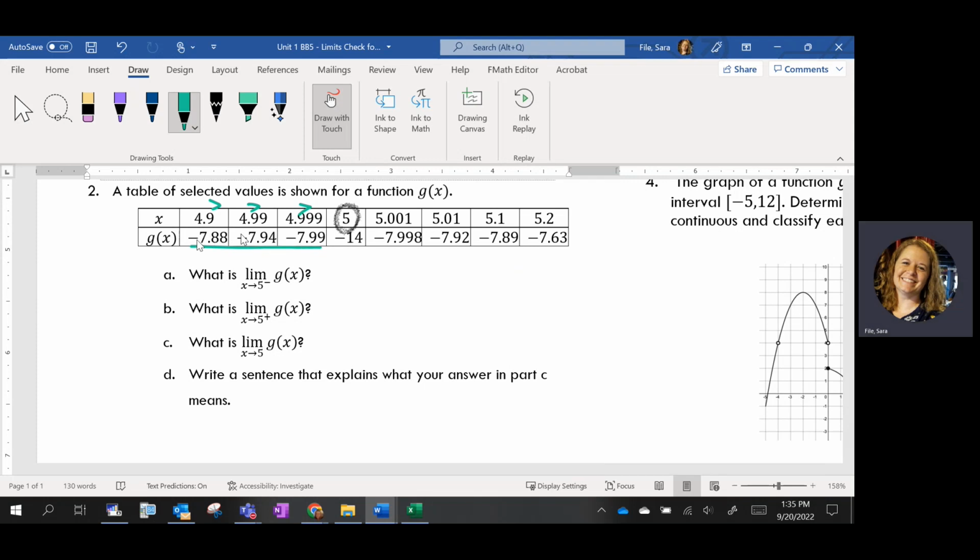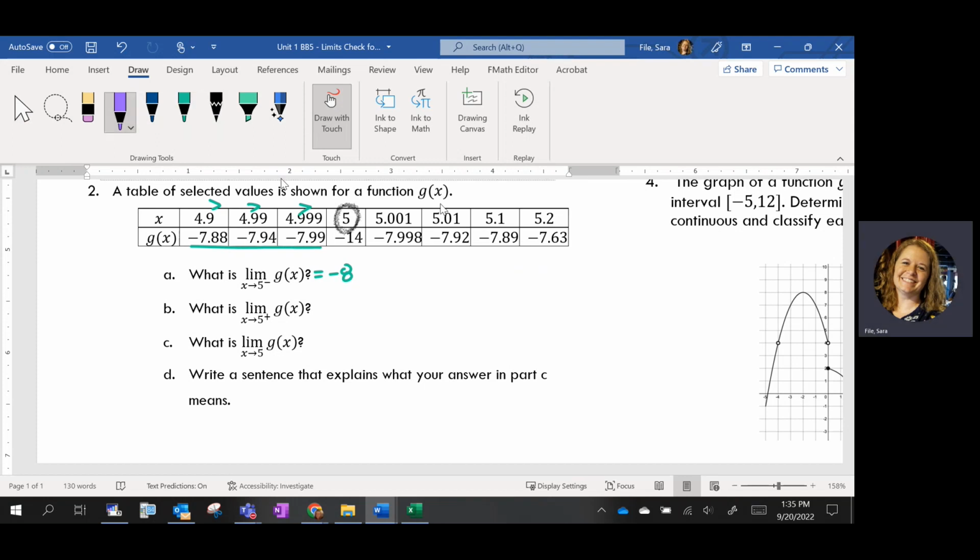Look at the, it's -7.88, -7.9, -7.99. They're getting closer and closer to -8. Okay, so looking at those x values as they approach 5, looking at the y values, they are approaching -8. Do y'all agree with that?